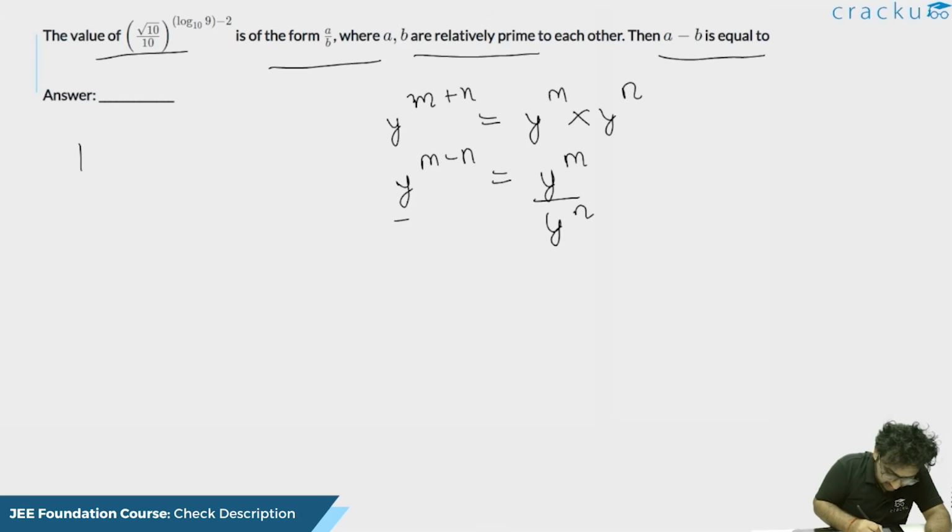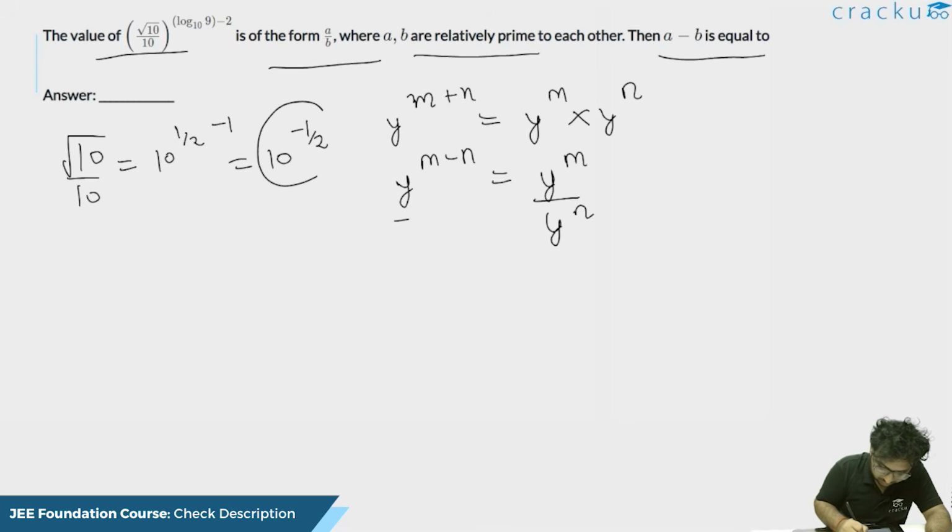So under root 10 by 10 can be written as 10 to the power 1 by 2 minus 1, which is equal to 10 to the power minus 1 by 2. So I have replaced this by 10 to the power minus 1 by 2 to the power log 10 9 minus 2.